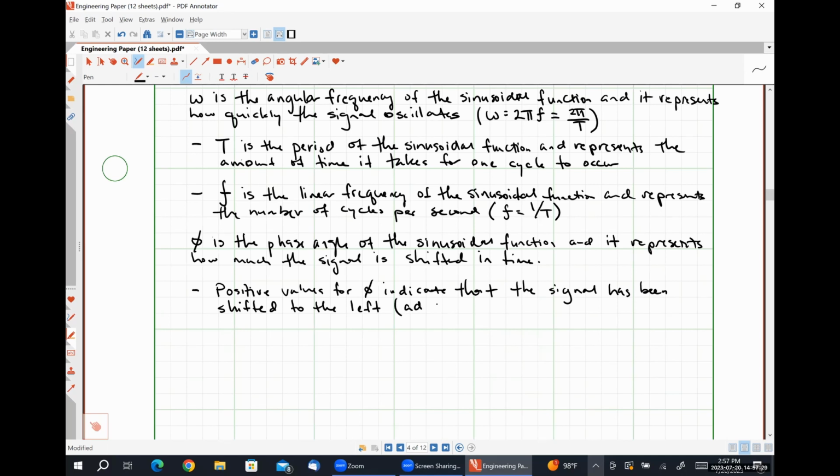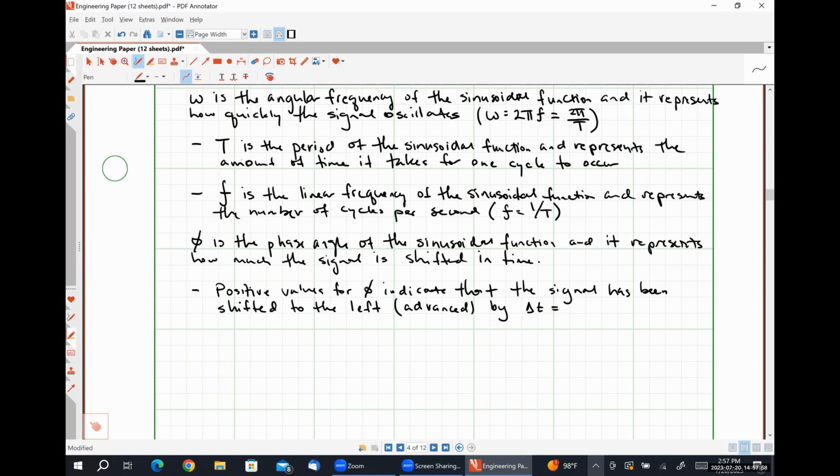You may also hear this as advanced by delta t equal to... sorry, I have to look at the units here. I don't remember this off the top of my head.